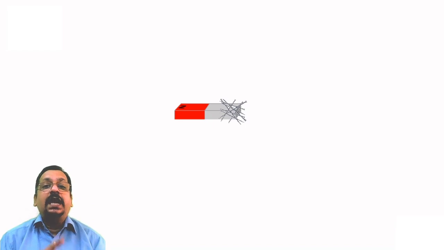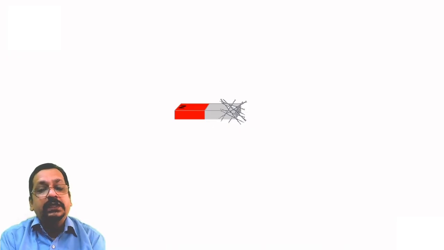Similarly, there is an electric field around the electric charge. So let us talk about this magnetic field in detail, and then you will understand how the electric field also behaves. One more important thing, friends, is that these magnetic fields or electric fields are not visible.